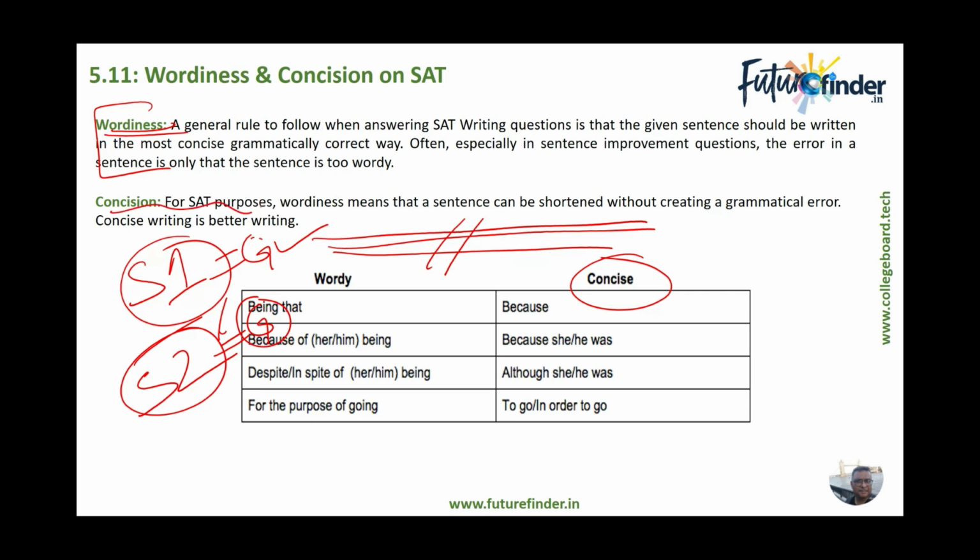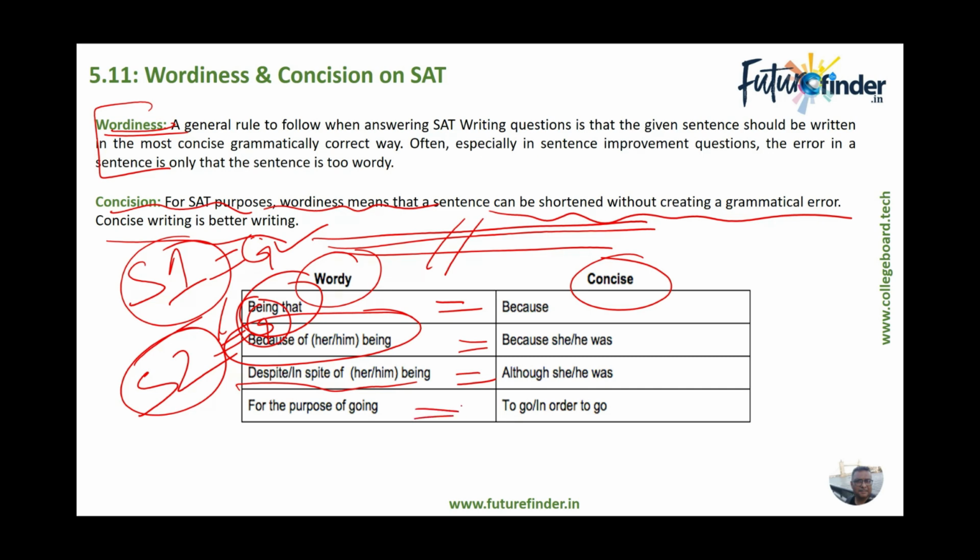Concision for all purposes means that if a sentence can be shortened without creating a grammatical error, that is better in writing. So let's look at some wordy words. Being is equal to because of him or her being, which is nothing but because he was; also despite, in spite of, although, and for the purpose of going, which is in order to go.